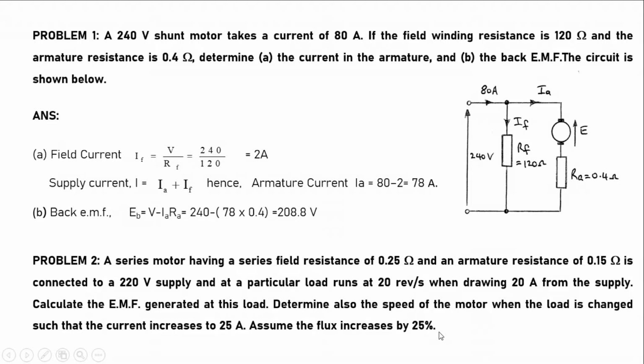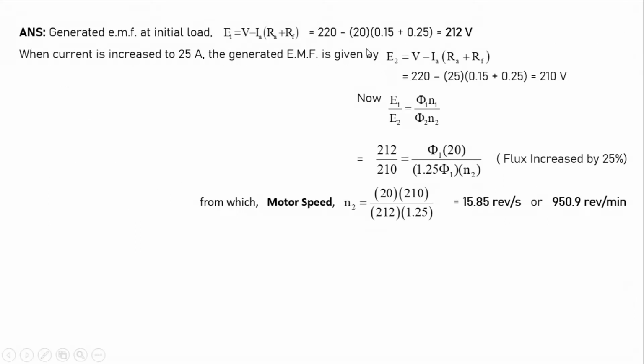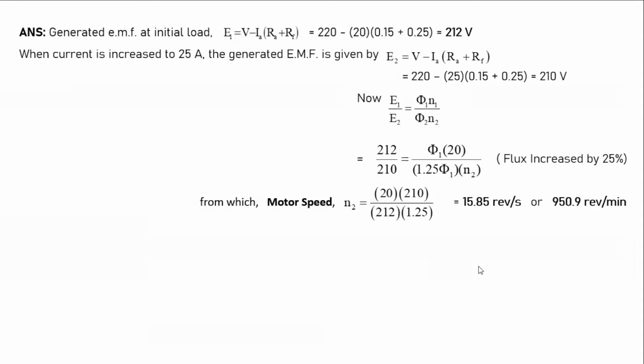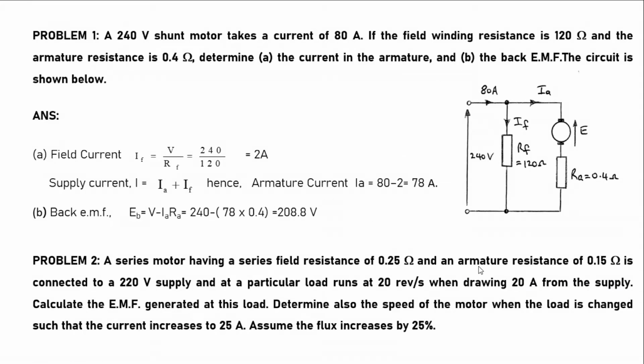Assume flux increases by 25%. So that you have to see. It is drawing 20 amps. Armature current has been given straight away. It is drawing 20 amps from the supply. Once again, in a series motor only one current is present, so IF, IA and IL are the same.